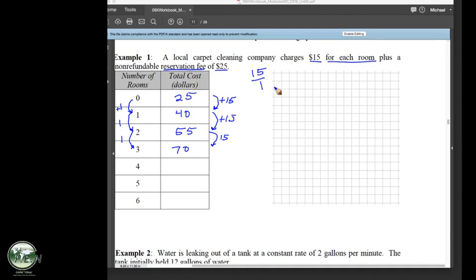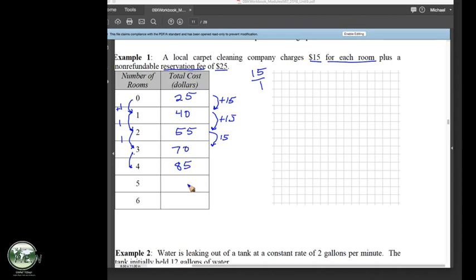It's actually a fraction, but it's a fraction over 1. Okay, so that might help you in graphing this, but this one's very visual, you can just keep going. So the run is 1, the rise will be 15. So just keep adding 15, adding 15, adding 15. And then you can plot it.